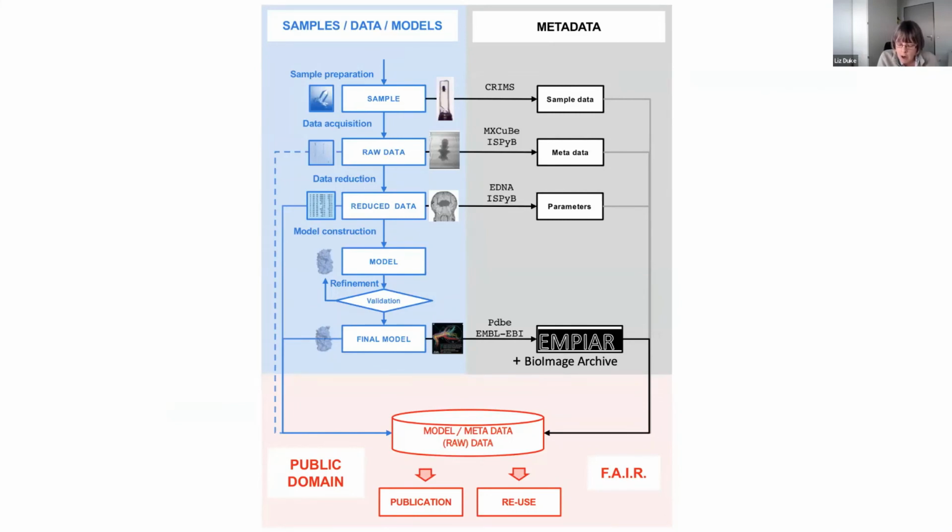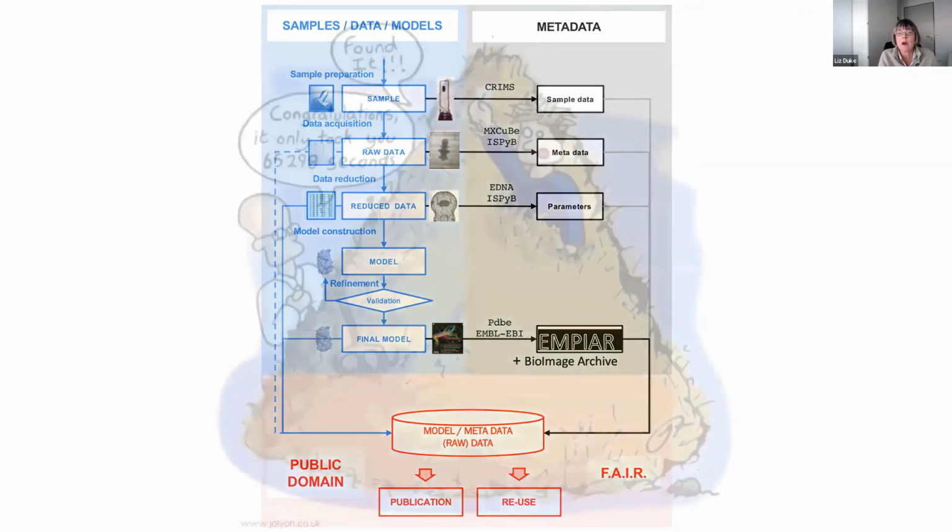One of our goals is to make our data as easily accessible as possible, and making sure that we keep track of all the information. Being located within the EMBL means that we do have access to all of the databases and such like based at the EBI in Cambridge, which is great.